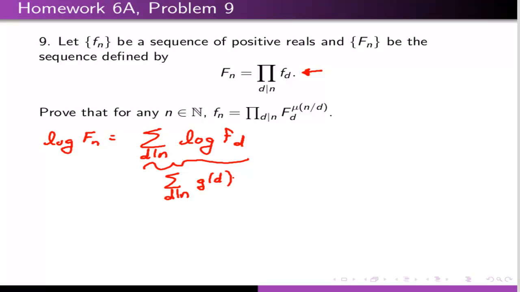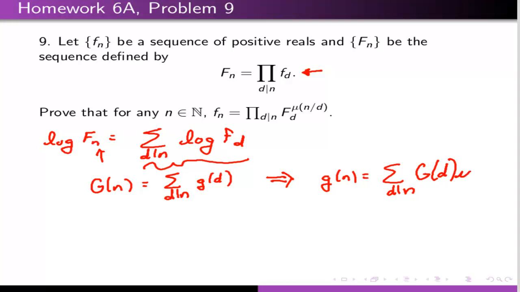And we're trying to invert this. And so over here we have some g of n. So apply the Möbius inversion, and you would get g of n is sigma d divides n, capital G of d times mu of n over d.